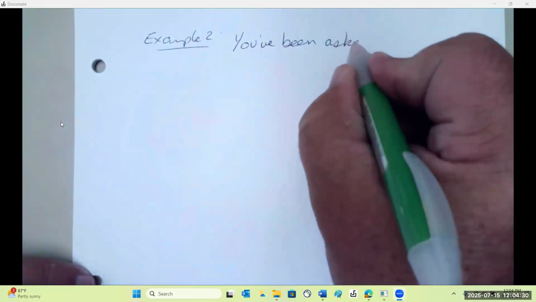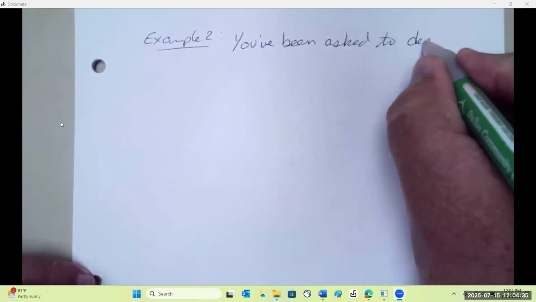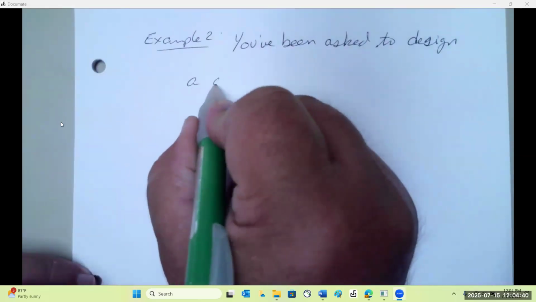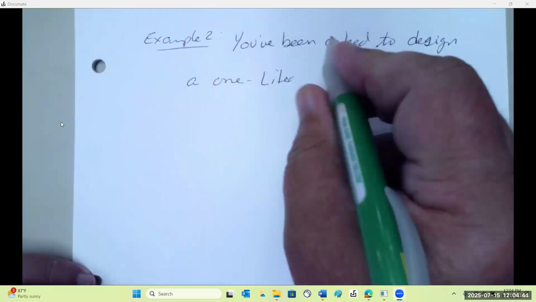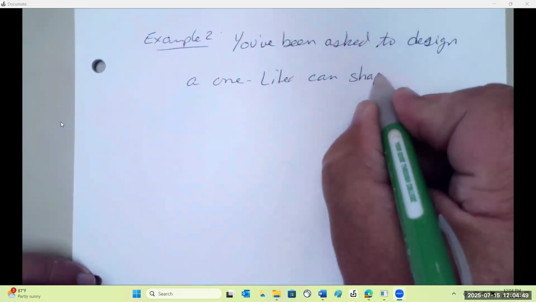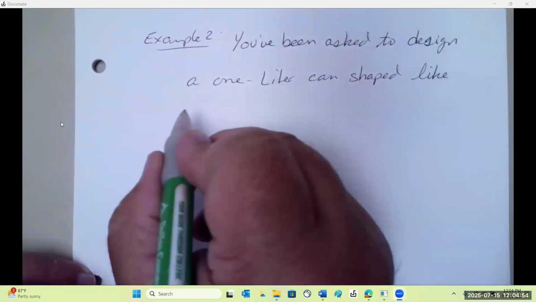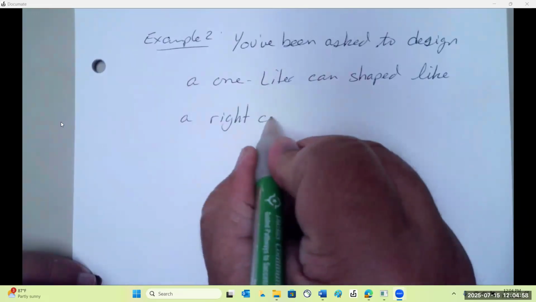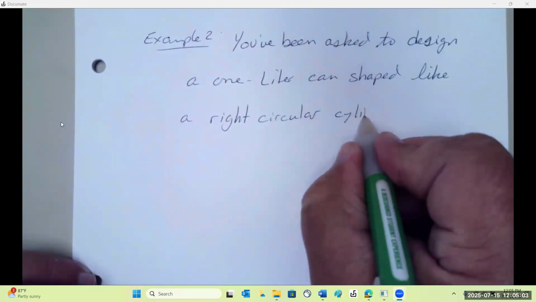You've been asked to design a 1-liter can shaped like a right circular cylinder.